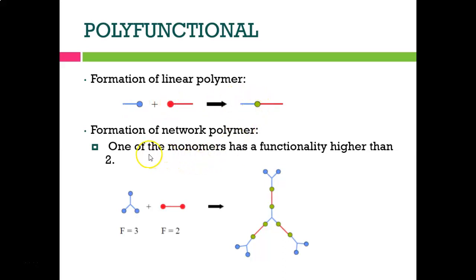If you have more than two functionality, we can produce a polyfunctional polymer. In this case, three functional groups react with two functional groups, and it will combine to produce a network polymer.